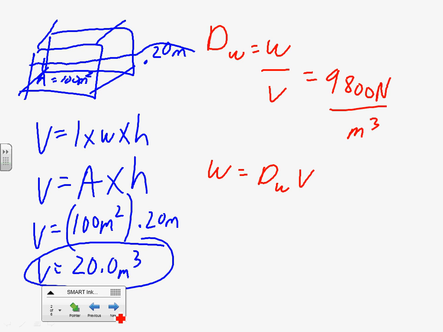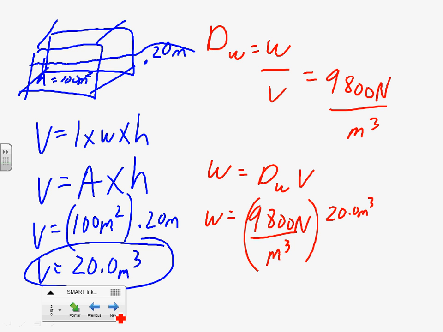So the weight of the fluid displaced is going to be equal to the weight density of the fluid times the volume. So in our problem, we need to say 9,800, the weight density of water, times the volume of water displaced, which is the same as the volume of the raft that's under the water, 20. Cancel out cubic meters.